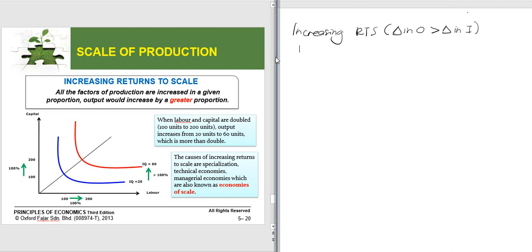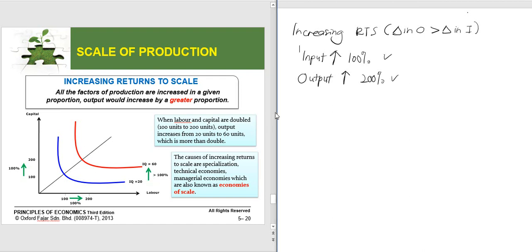For example, if you increase your input by 100%, let's say you add capital by 100% and you add labor by 100%, your output will increase by more than 100%, let's say 200%. So you can see that your increase in output is bigger than your increase in input.